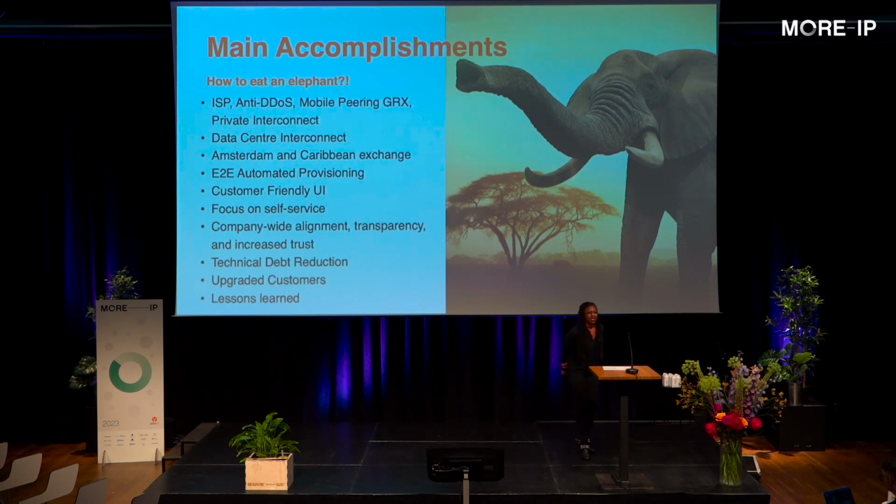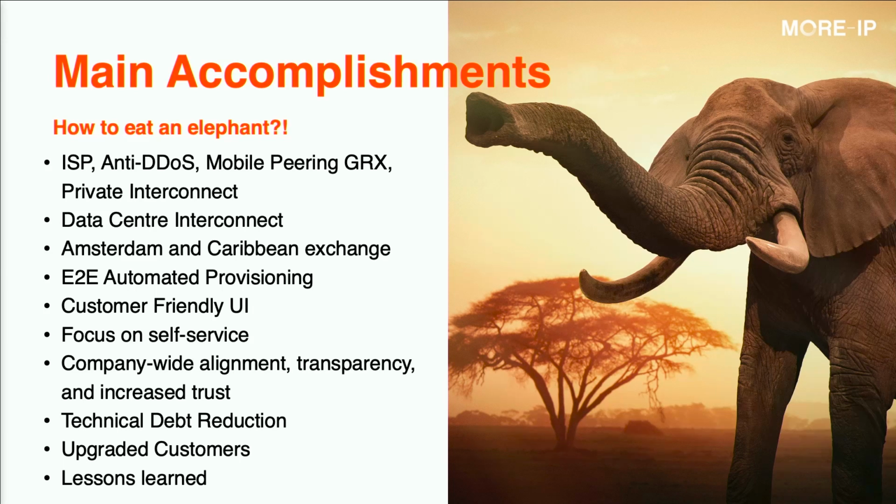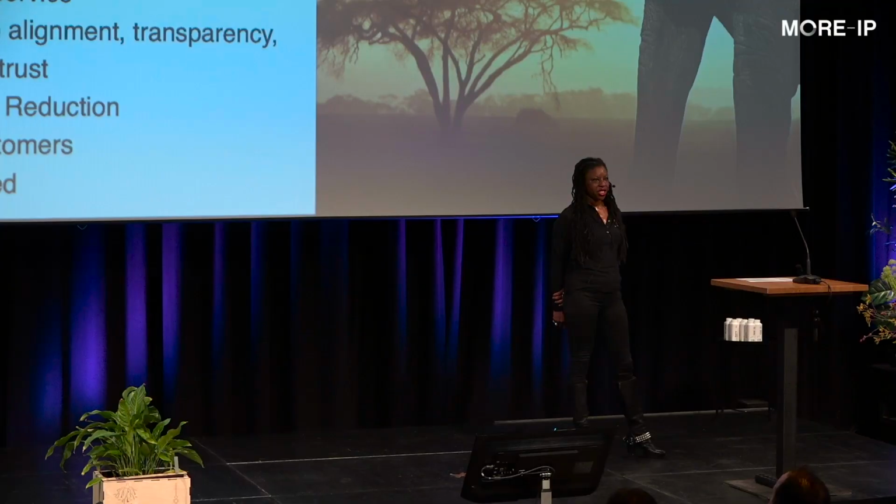So main accomplishments, I'll have to go through this really quickly because I only have 1 minute left, but as I said, our new portal is up and running, and it is already serving 5 products, 4 of which are already existing, that is ISP, anti-DDoS, mobile, peering GRX, and private interconnect, and one recently unveiled new product, which is data center interconnect.